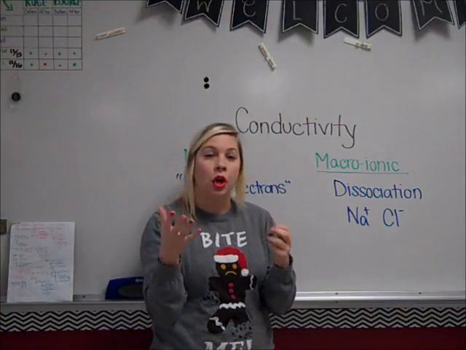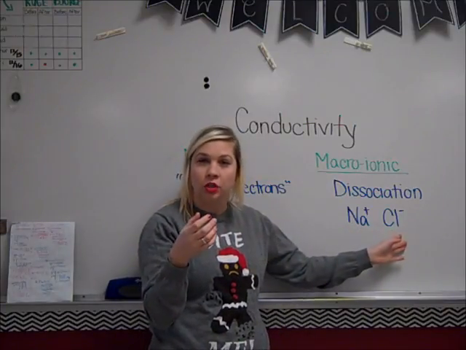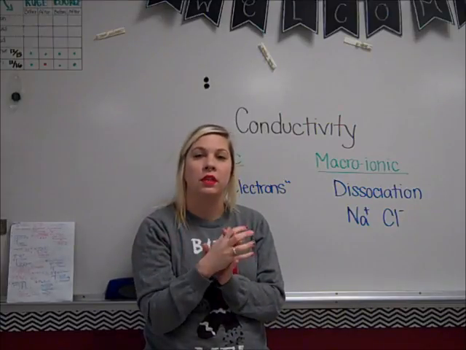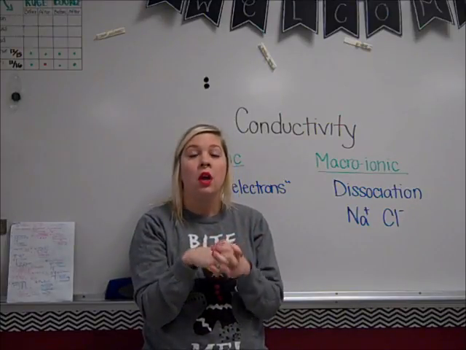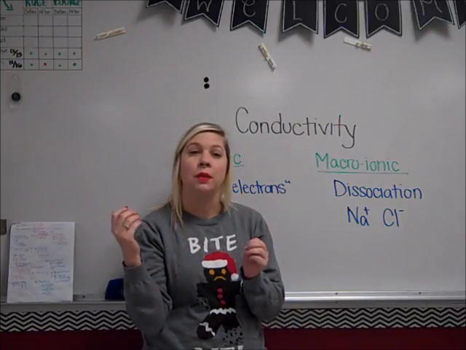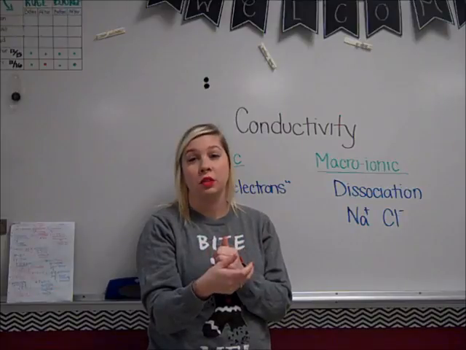Okay, those charges, that positive and that negative charge, when they are dissolved in, remember we talked about solubility, so when they're dissolved in that water, will allow for heat or electricity to be able to travel through that solution.